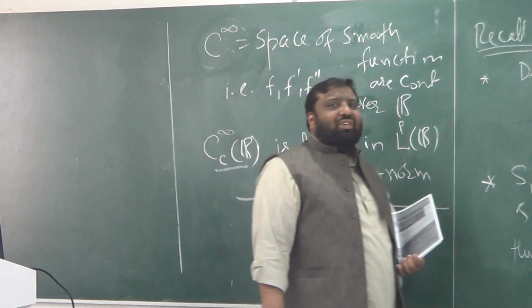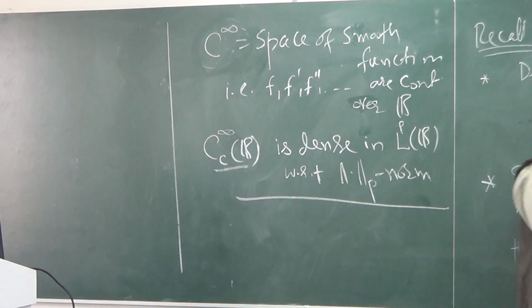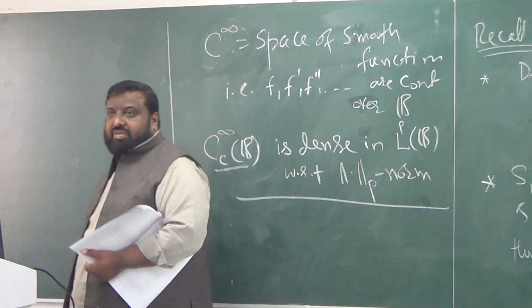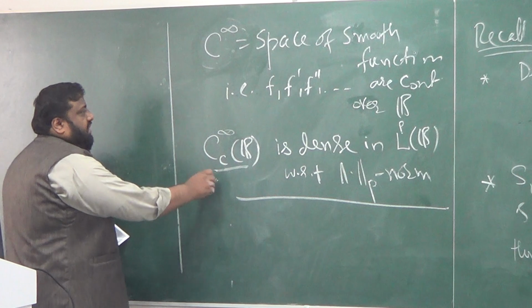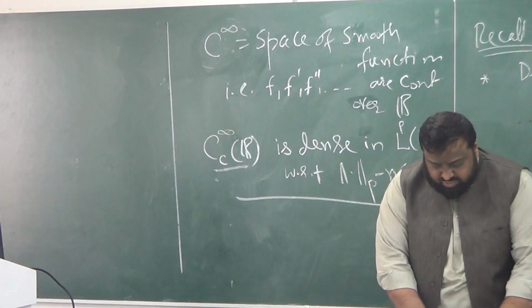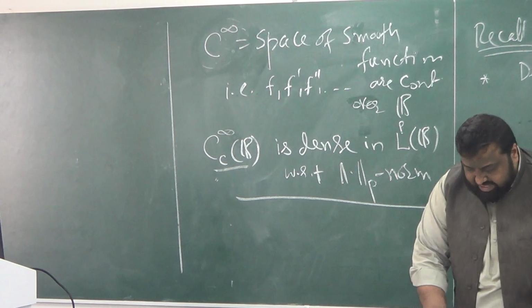Because here you have smoothness up to any order you want. Okay? So this space plays a beautiful role as well. So you have to keep this in your head. I'm not getting into the proof of this. It is a readable proof, you can read it for yourself.